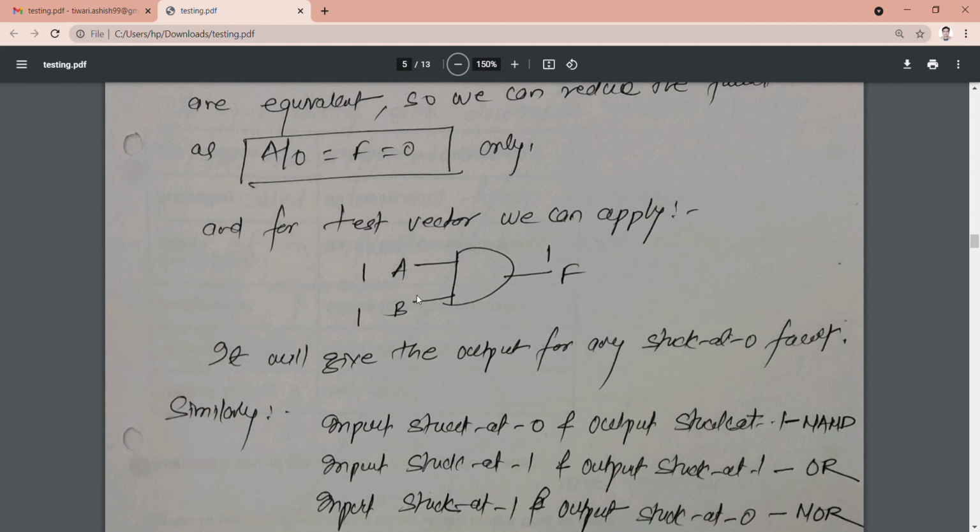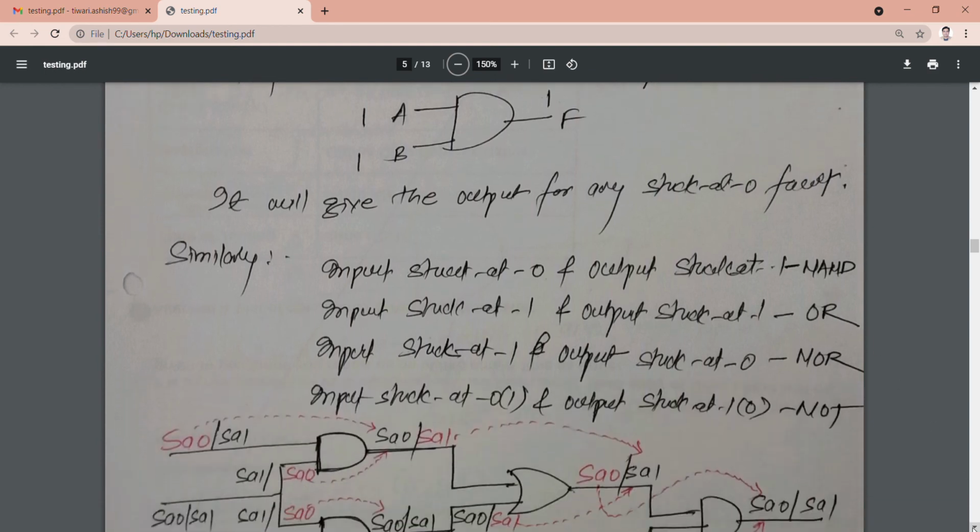And if a fault is there at A or at B, whether A becomes 0 or B becomes 0, you will get the output as 0. So this is the testing sequence. You are getting the output as 1, and if the fault is there, then you are getting the output as 0. 1 and 0, the exclusive OR condition, and then you can test all these stuck at faults. Okay, so input is stuck at 0 and output is stuck at 0, and similarly by this logic we can decide the other logic also.